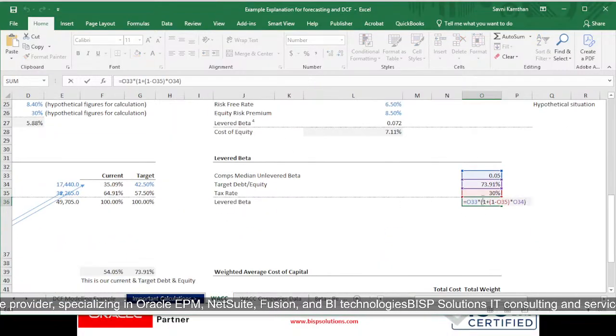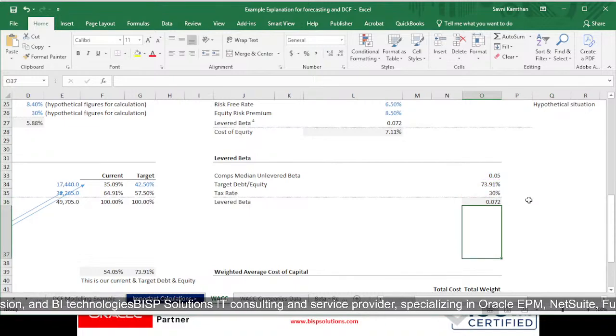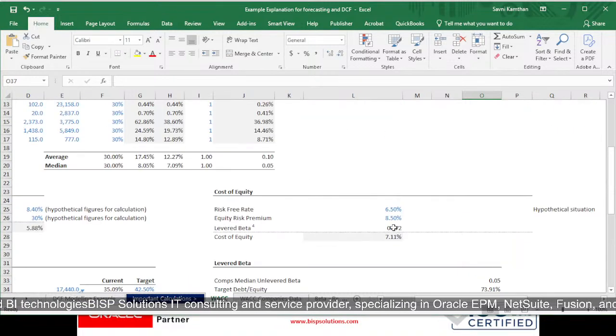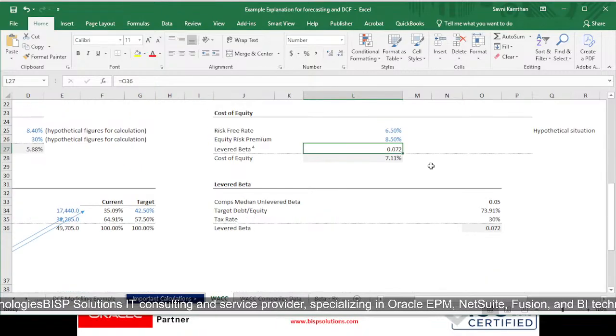How have I calculated it? I have calculated it by comps median unlevered beta into 1 plus 1 minus tax rate into my target debt upon equity. Then I get my levered beta, and that levered beta I link with my cost of equity.